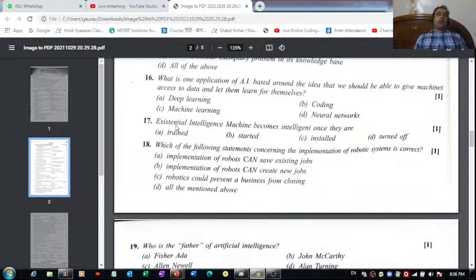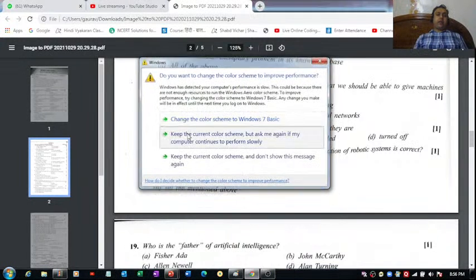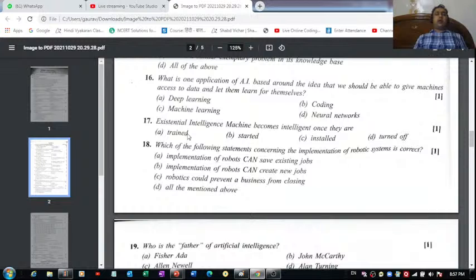After training the model, we deploy it into the environment for which we have made it. Now, when we deploy it into that environment, the artificially intelligent machine checks all the data present in the environment, it analyzes the data, and finally it comes out with some prediction outputs. It gives us some result.